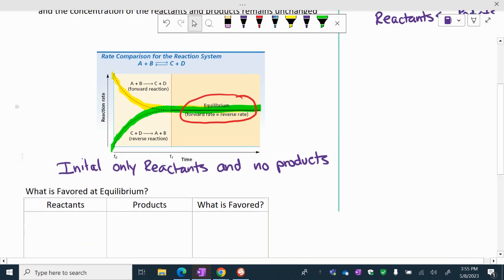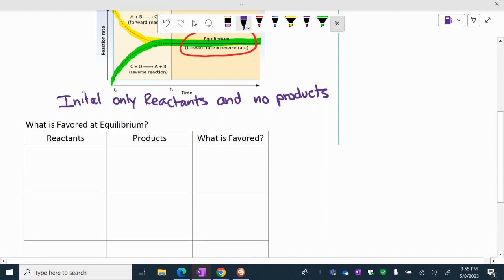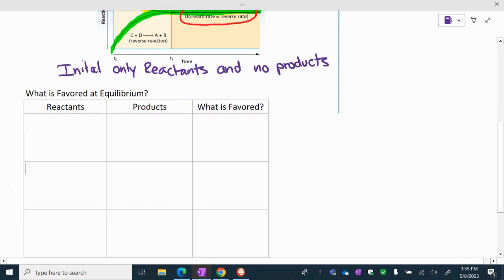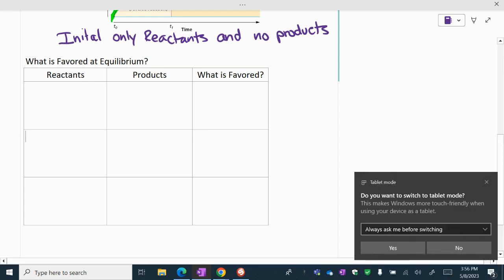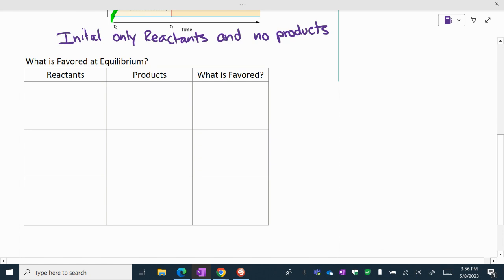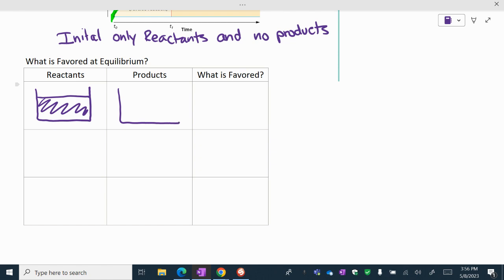At equilibrium, you could have different scenarios. I'm going to let you copy this table down. At equilibrium, you could have reactants favored. Say we have more reactants, less products.